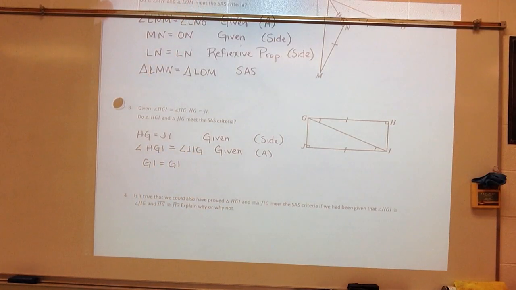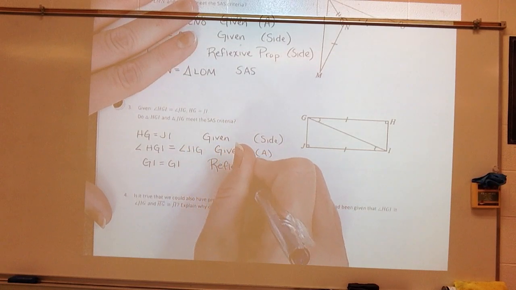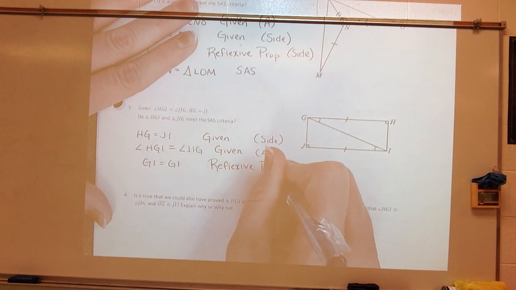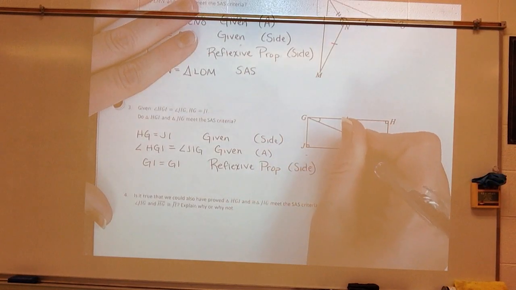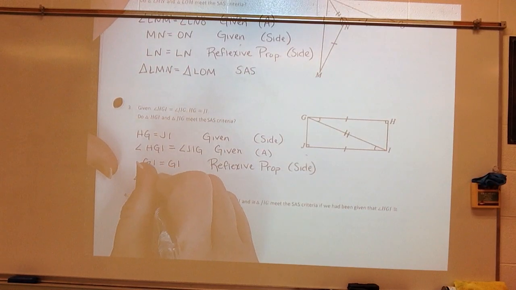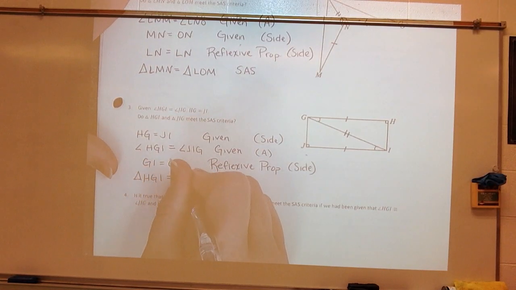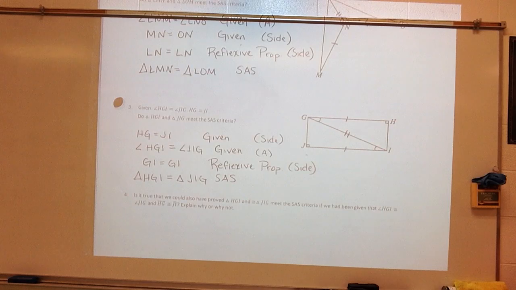It's equal to itself by the reflexive property, which would be my other side. So can I prove that triangle HGI is equal to triangle JIG? I can by side, angle, side.